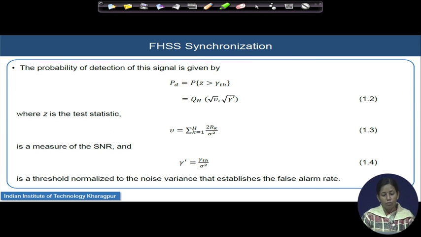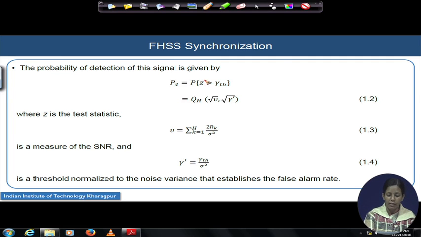We also found that by definition, the detection probability will be given by the expression 1.2, where the detection probability is the probability that the test statistics Z crosses the predefined threshold value gamma th inside the correlator detector architecture.